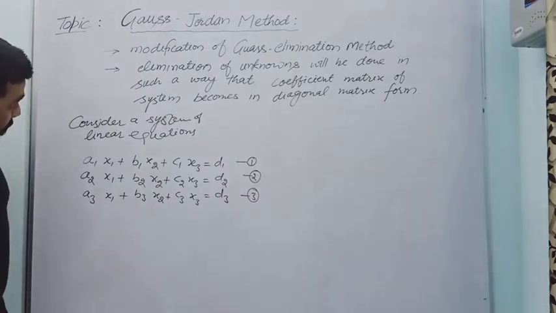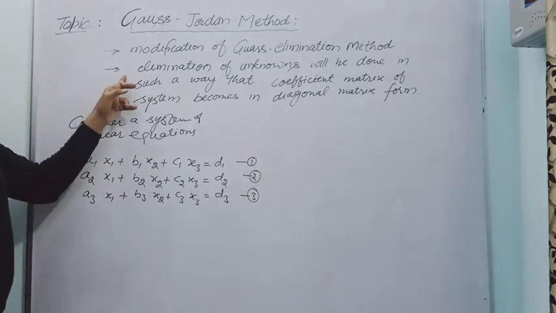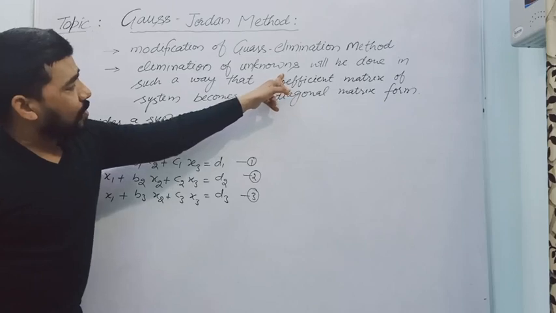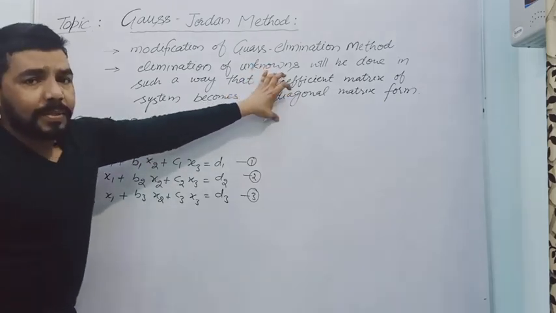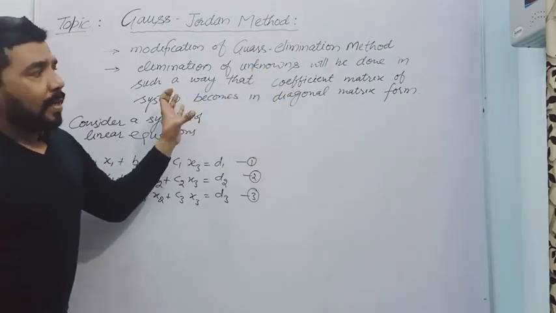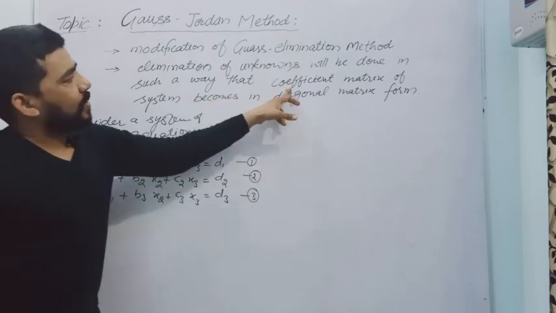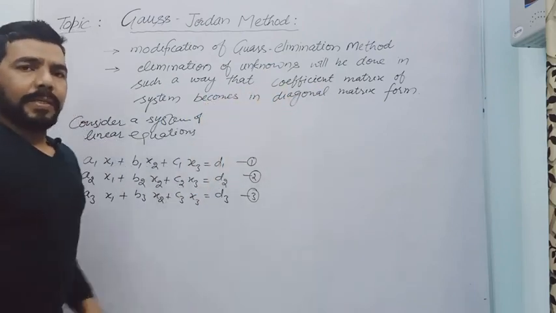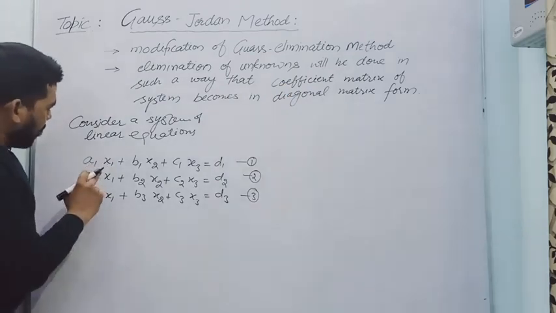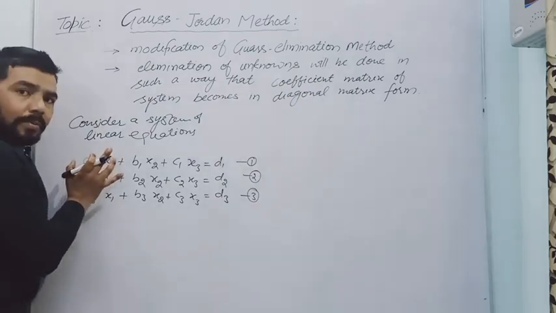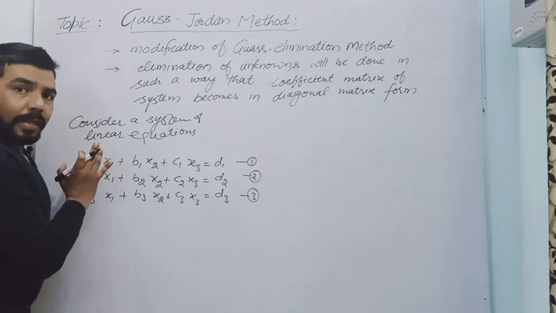So what do I have to do? Our main task is to eliminate the unknowns, but we have to do the elimination in such a way that the obtained system, if written in matrix form, has a diagonal coefficient matrix. So you have to maintain a diagonal matrix form.